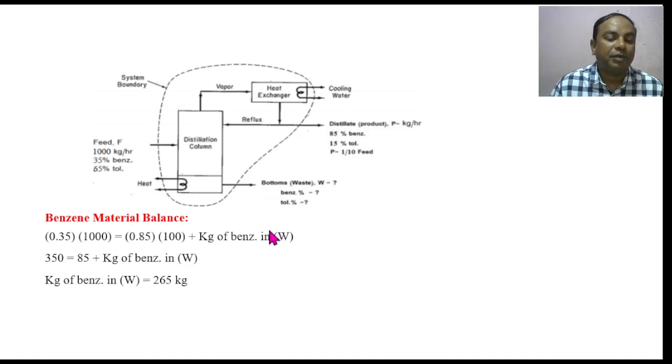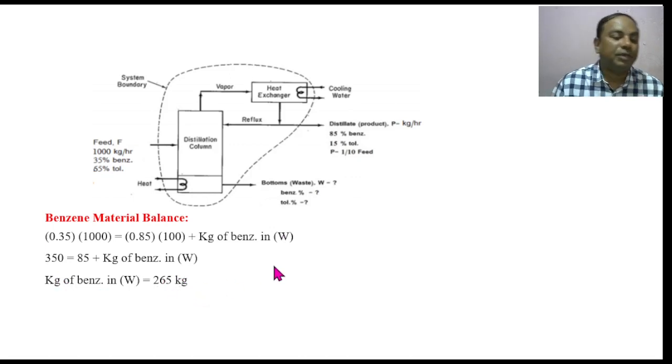In the bottom stream, the quantity is the unknown that can easily be calculated. So W multiplied by the mass fraction of benzene gives the kg of benzene present in the bottom stream, which comes out to be 265.